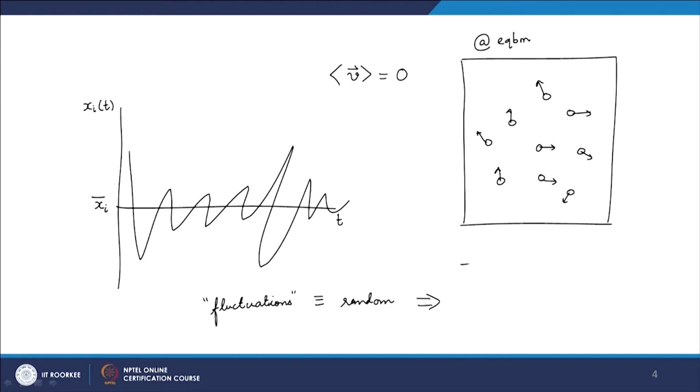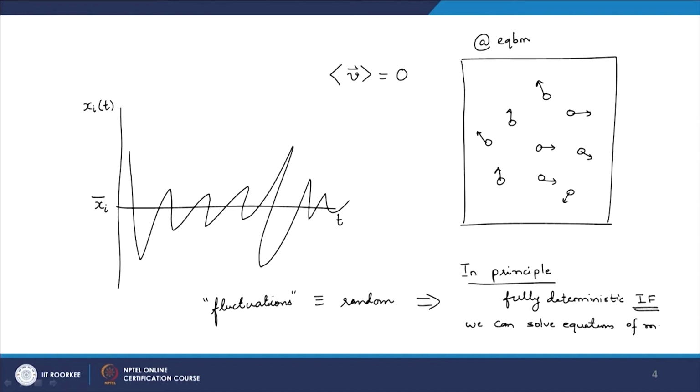Okay. So, in principle it is fully deterministic if, and that is a big if, we can solve the equations of motion of all molecules.